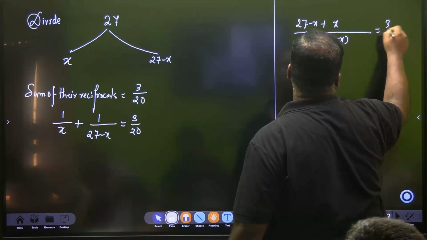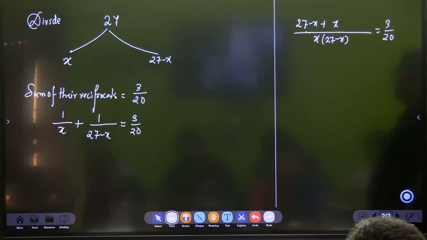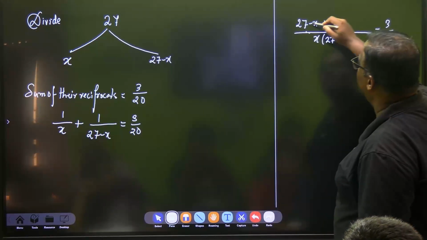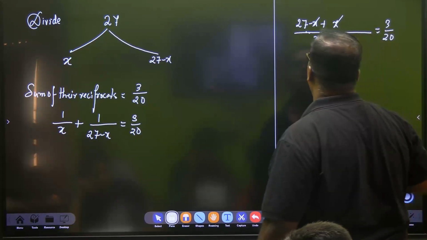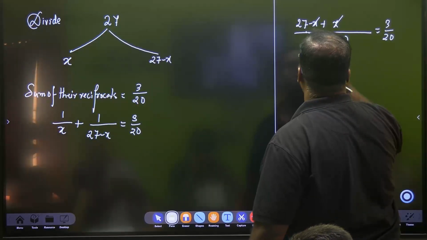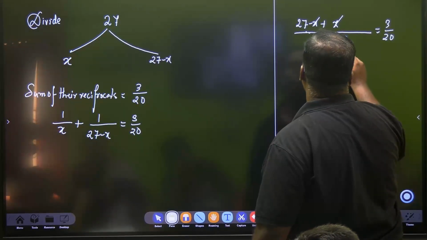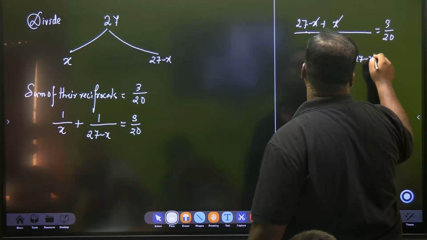Now this is equal to 3 by 20. From here, x and x will cancel each other. Finally, it is 27 multiplied by 20. 27 into 2 is 54. So it becomes 540 on this side, which is equal to 3 multiplied by x into 27 minus x.